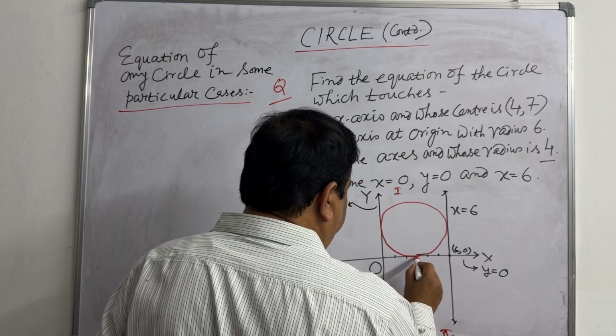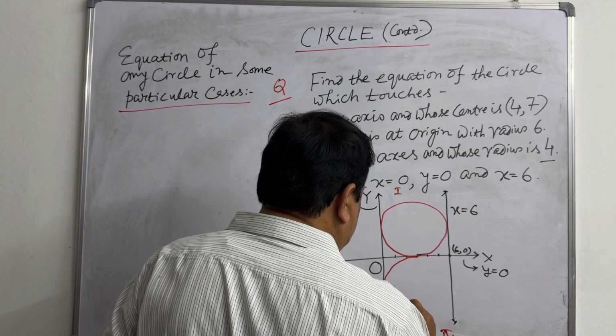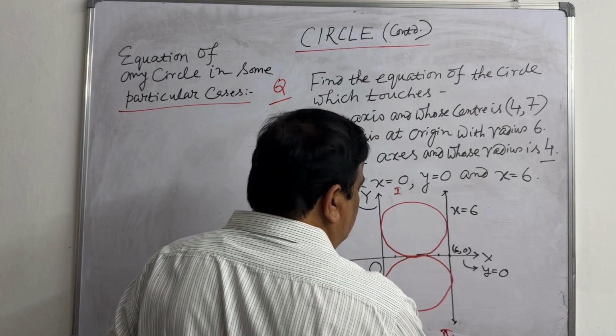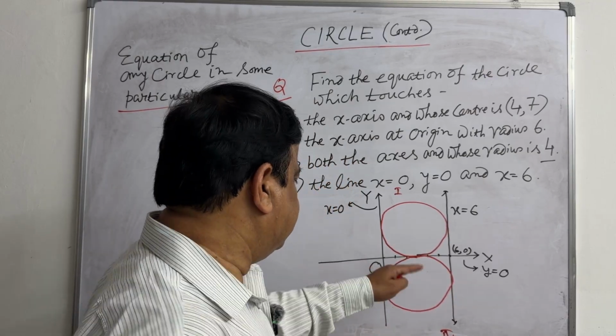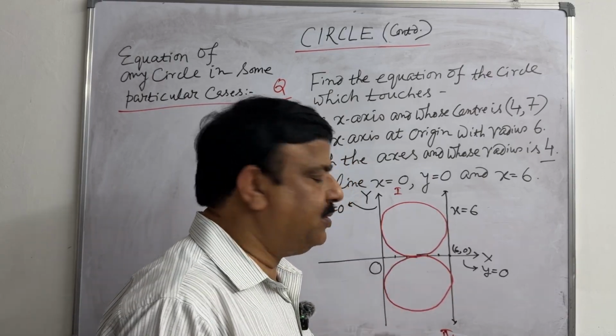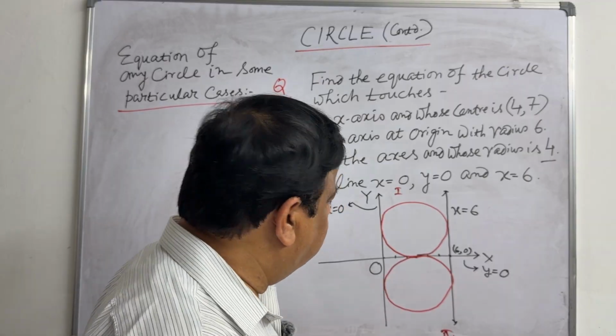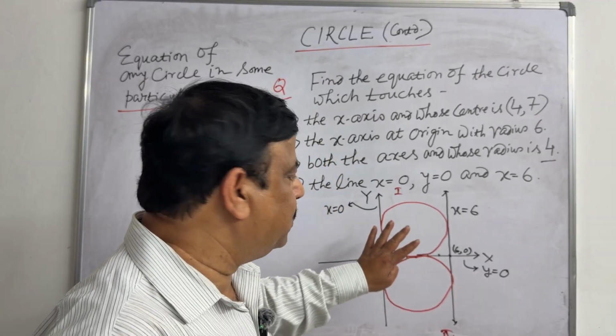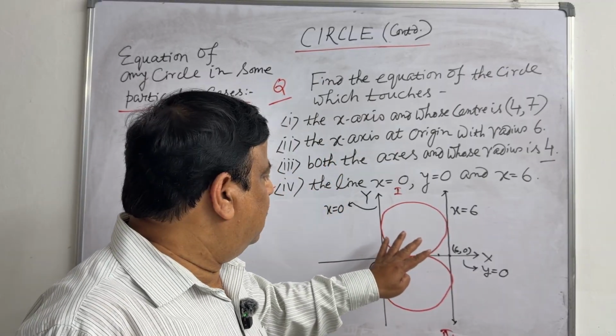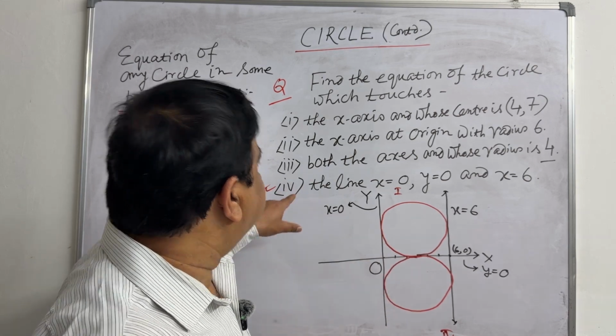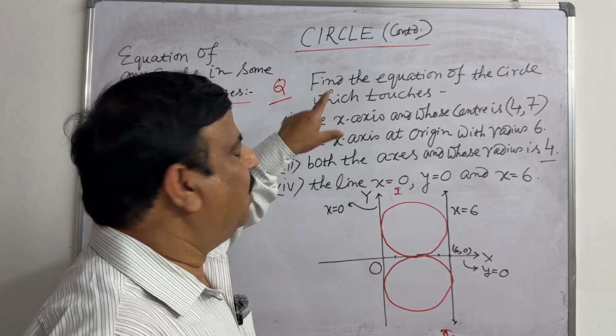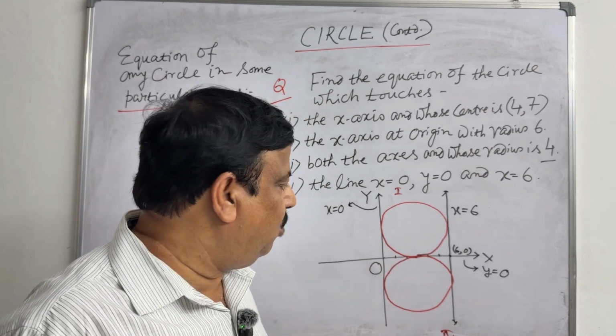Here also it will touch the x-axis and y-axis and also this line x is equal to 6. Clear? So there will be two circles formed for this part 4 of the question. Naturally, there will be two equations.